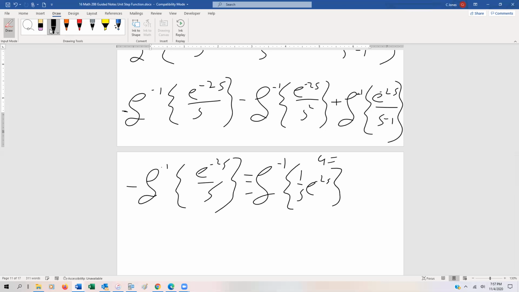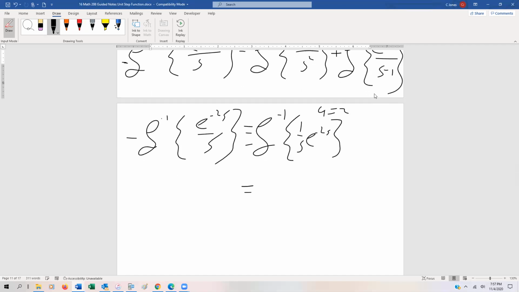All right, and we can see that a is equal to 2. And so that's going to work into, we know that this is 1, right? And there's nothing to plug into that, so that's really nice. We still have the negative, and then we're going to have the unit step function of t minus 2. All right, so let's hold on to that. That's one part of our answer.